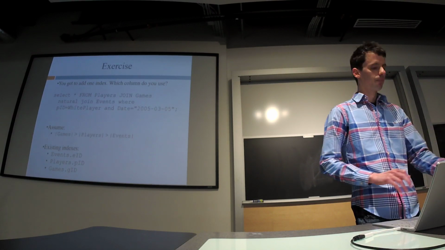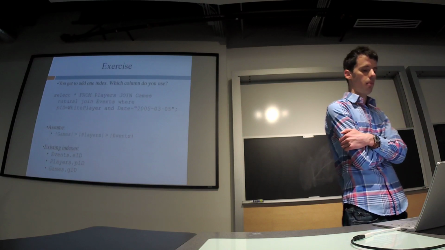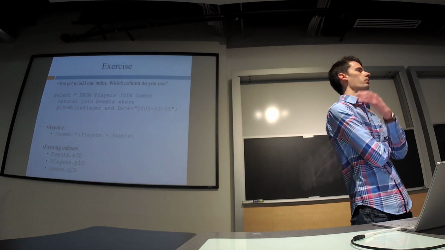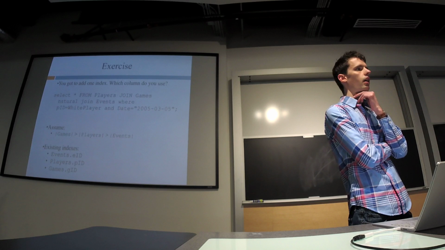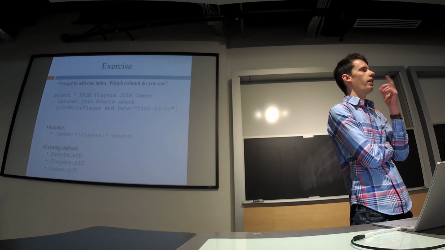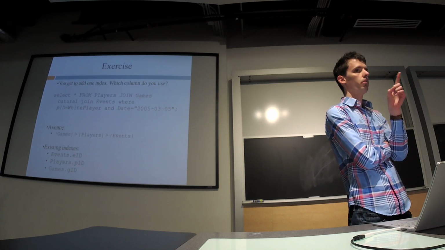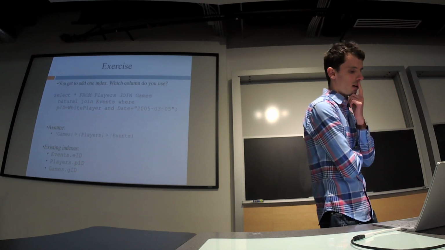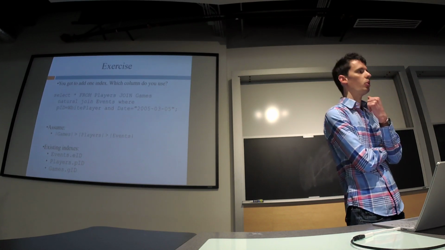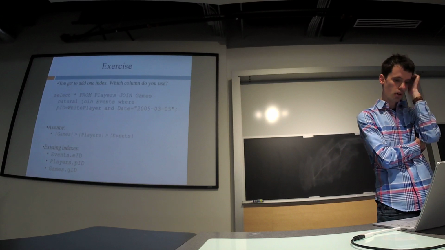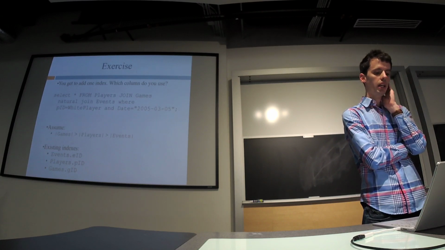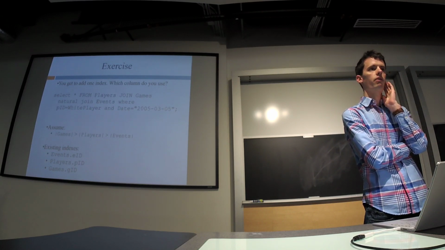Another exercise. So this time, we're not picking what R, S, and T are. We get one index, one column to put an index on. It's a slightly more interesting query. So players join games, natural join events.